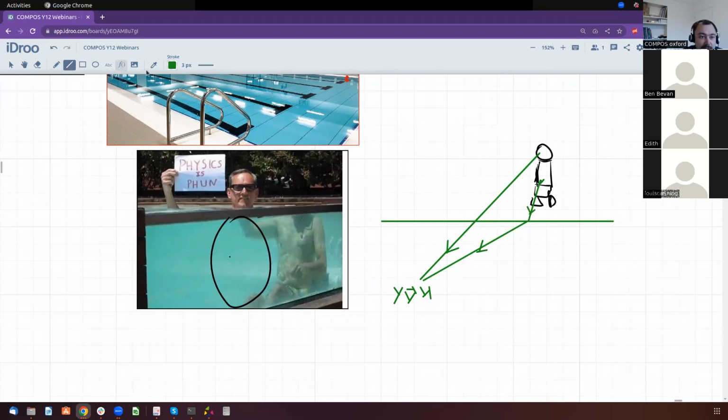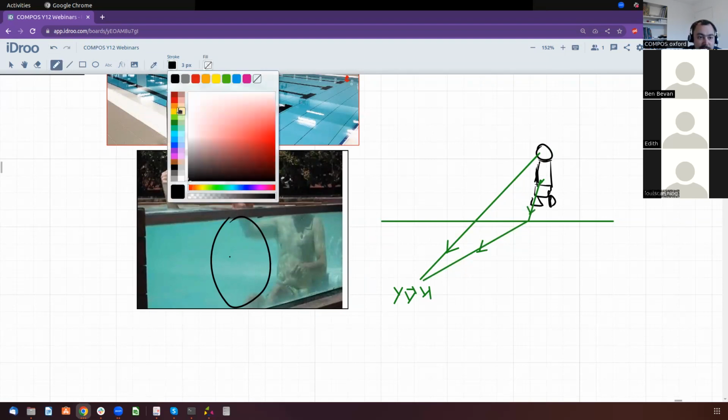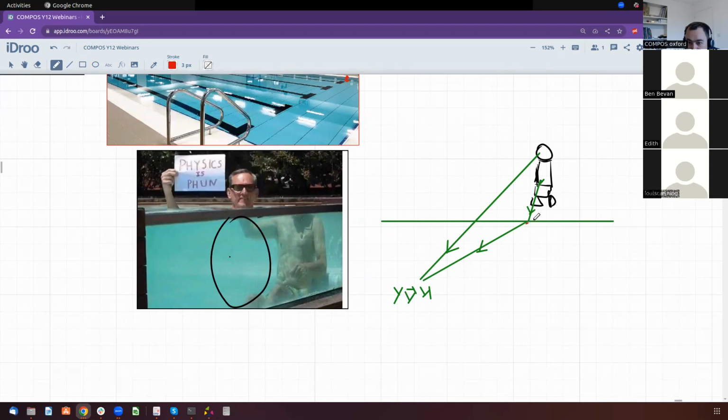So you think the light from the body is actually coming from here. That's why you see the image of the body, and the image of the head is where it should be. It's in the same place as the head, but the image of the human body is in a different place. This is why it's confusing.